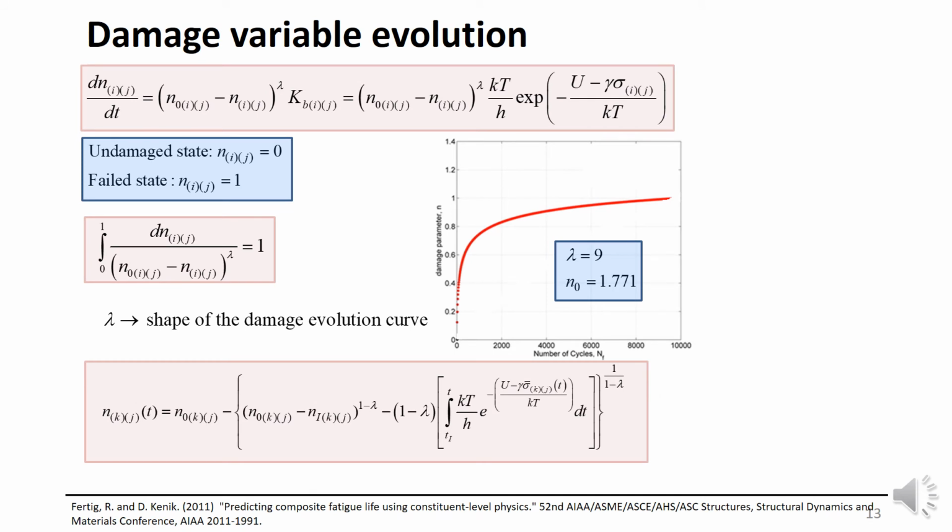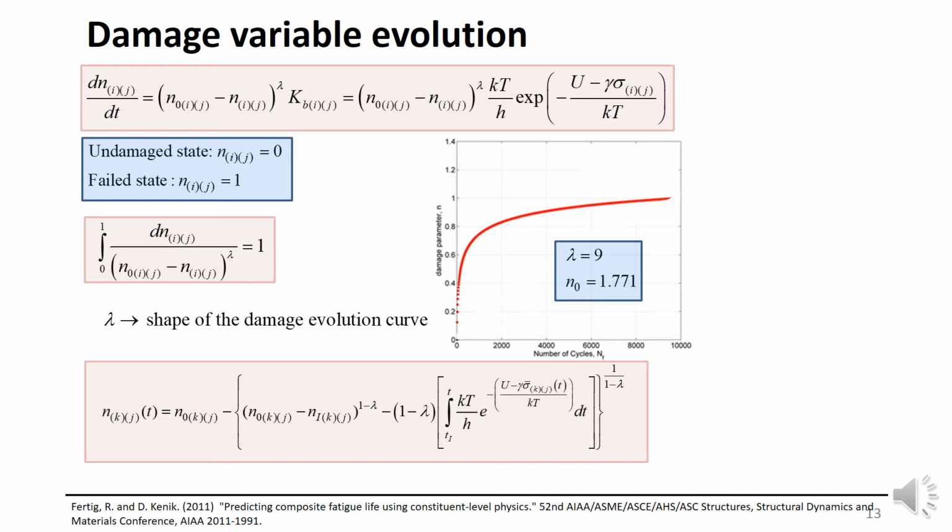So the damage variable evolution is through the state variable. We have this simple differential equation here, and we have the parameter lambda here, which controls the shape of the damage evolution curve. And we substitute for the bond breakage rate, k_b, from the previous slide, and we can rewrite this. N naught that you see here is determined through this constraint equation here.